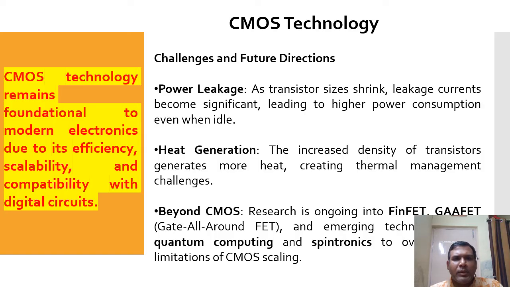So the few challenges I want to highlight, the main thing is leakage current. So once the leakage current is there, definitely there will be a power leakage, because power is proportional to I square R. It is proportional to current square.